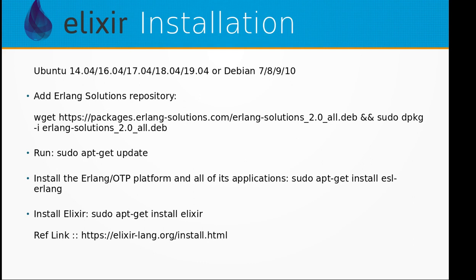After that, install the Erlang OTP platform and all of its applications, that is sudo apt-get install esl-erlang. And afterwards, the last step is to install the Elixir language. The reference link is elixir-lang.org/install.html. Here you can find the installation guide for installing Elixir on Windows, Mac OS and other platforms.